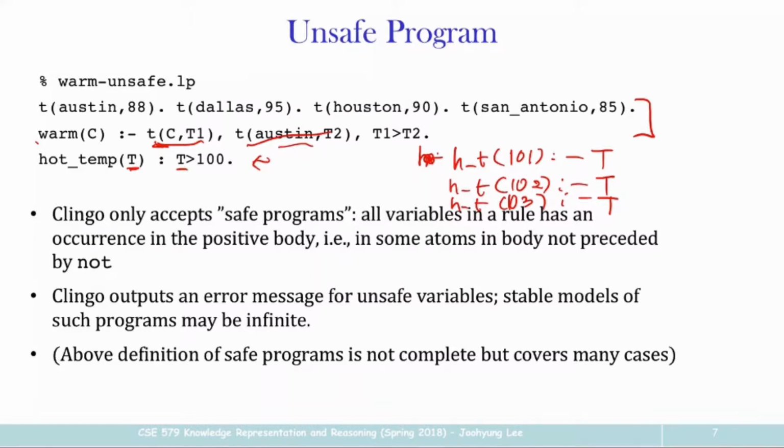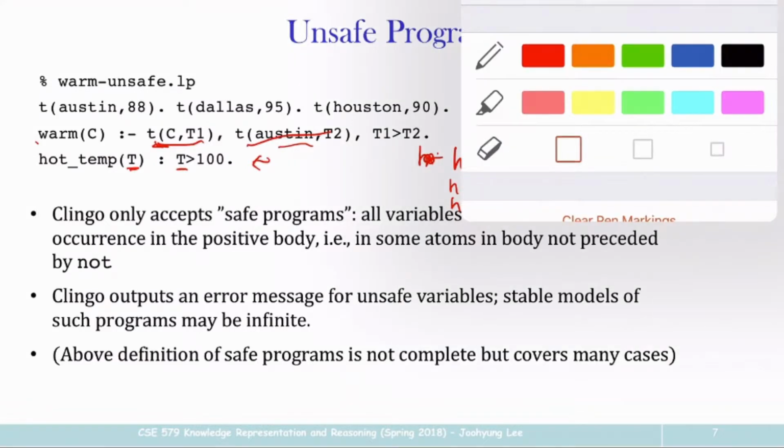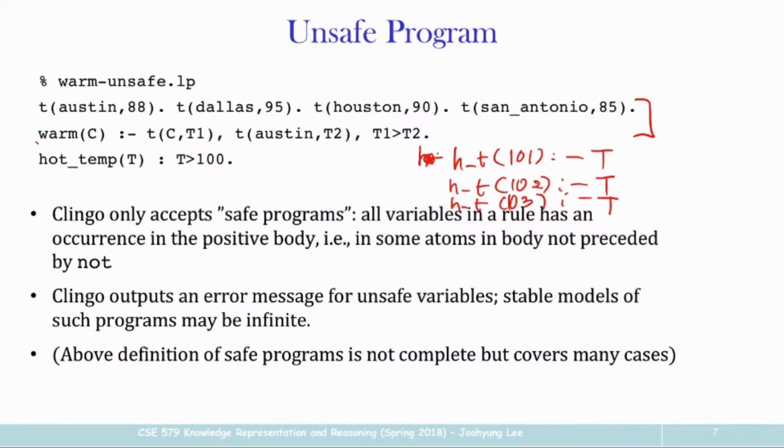Let's actually look at this. So let me ask you, from the second rule, what are the atoms in the body that are not preceded by negation? This one. This is an atom in the body that is not preceded by negation, right? What about this one? That's also the case. So there are two atoms in the body that are not preceded by negation.